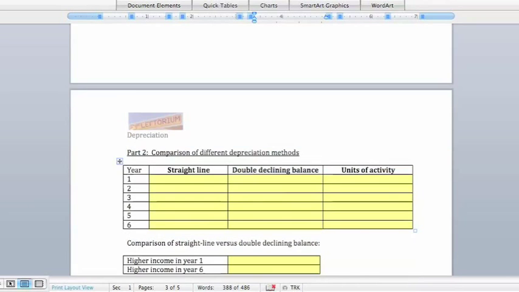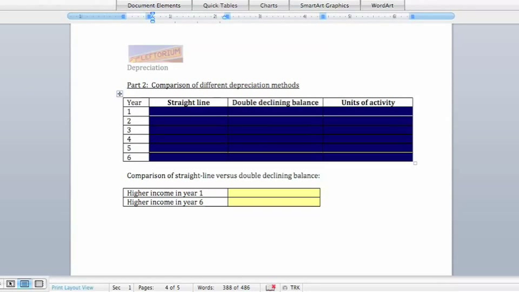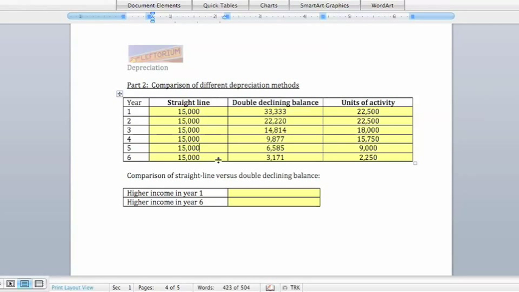Okay. And so if we want to do a quick comparison across the different depreciation methods, I'm actually just going to fill this in based on what we had in the calculations above. And so straight line obviously applies the same amount every year, and the double declining balance method applies high amounts of depreciation expense in early years and less depreciation expense in later years.